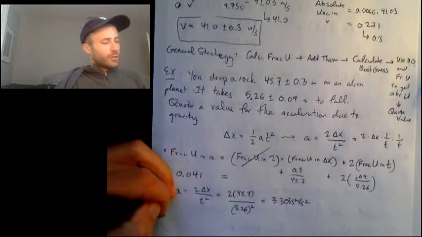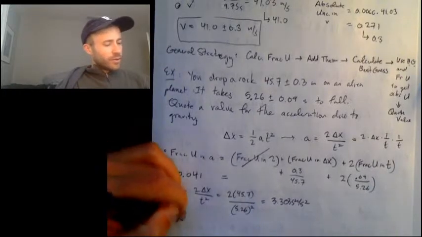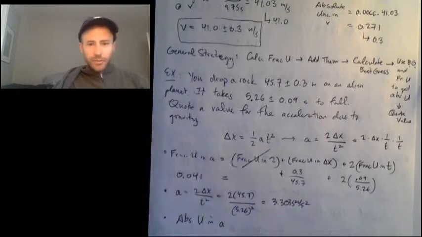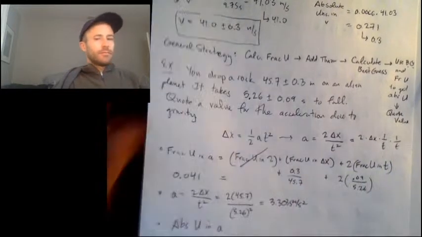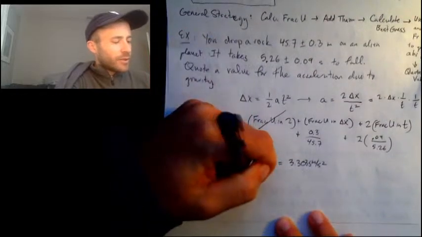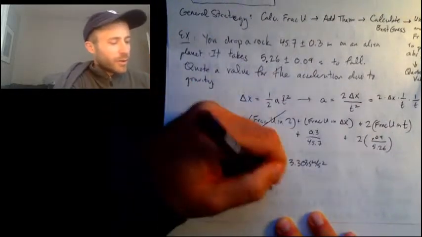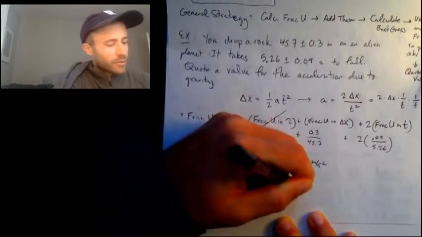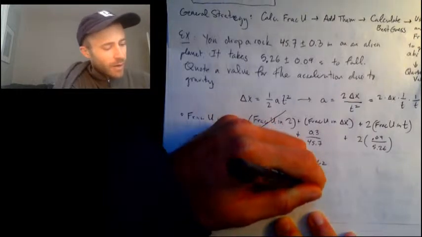So now the question is, what is the absolute uncertainty in acceleration. Okay? The absolute uncertainty in the acceleration is going to be 0.041 times my best guess, which is 3.3035.